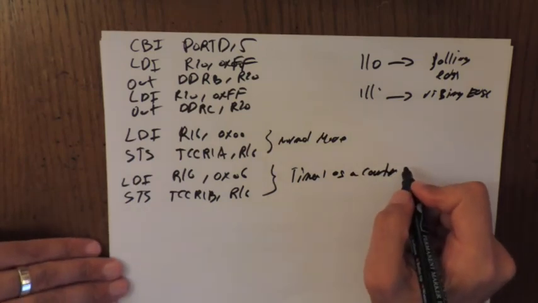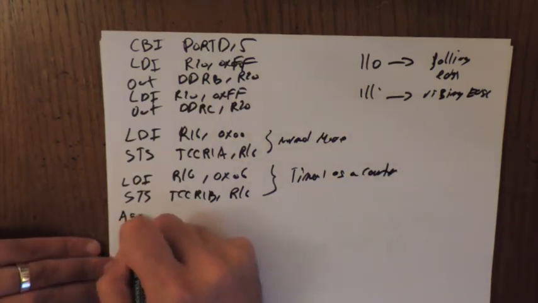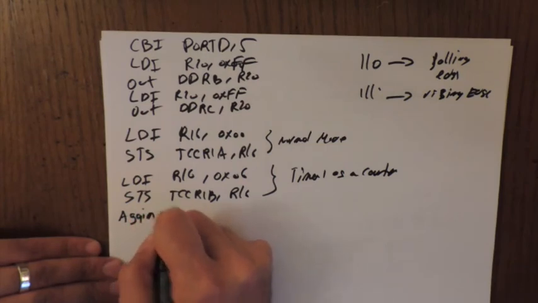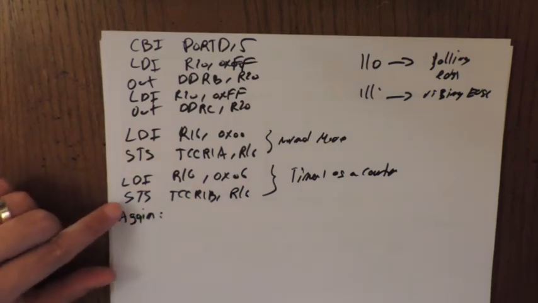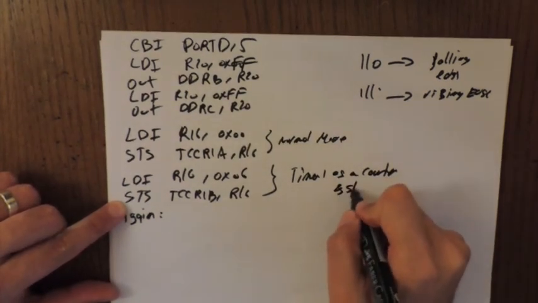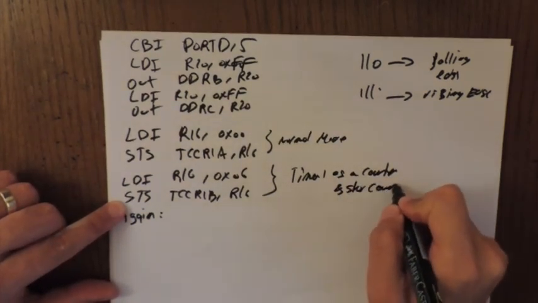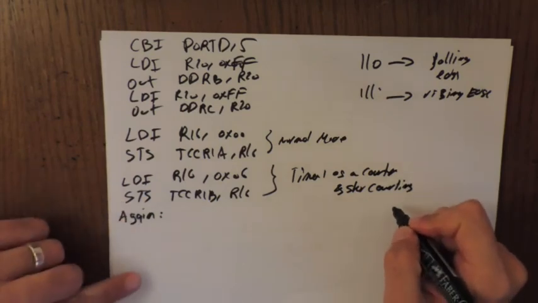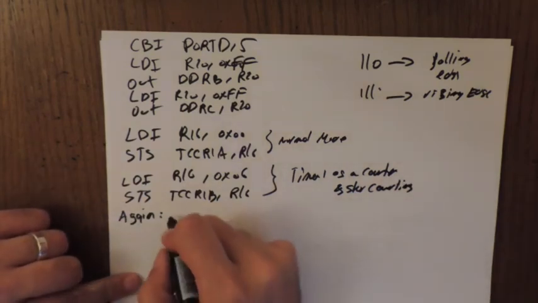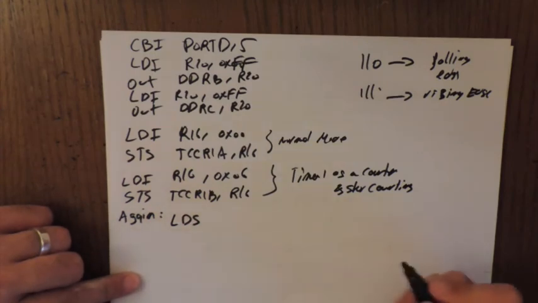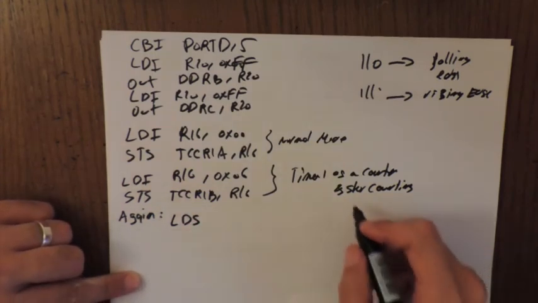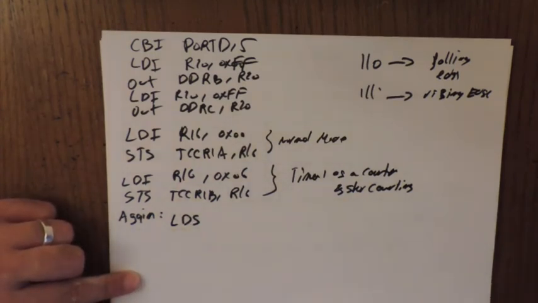So when we load this, the timer is a counter and starts counting. Now each time a pulse comes, I need to read the value from the stored pulses, which will be in timer counter low and timer counter high.